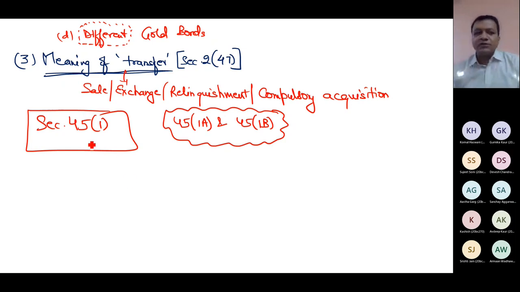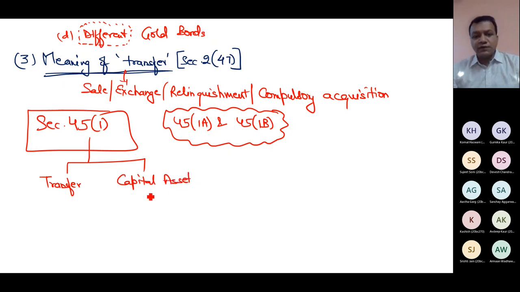And if I remember the conditions of 45(1), what are the main conditions? There must be a transfer and the asset must be a capital asset. For the time being, these two are the main things in section 45(1): that there must be a capital asset, that I have told you, and there must be something which is transferred, that also I have told you.